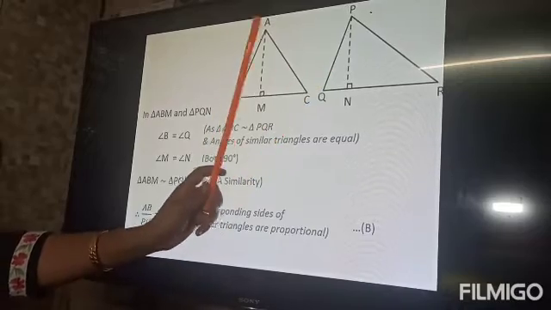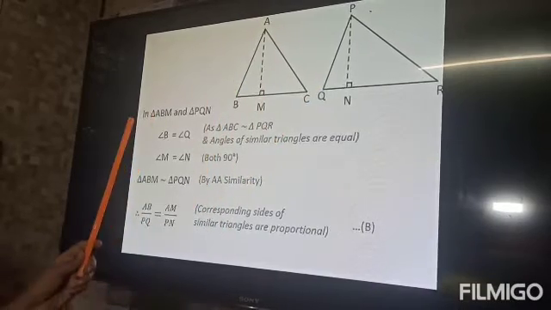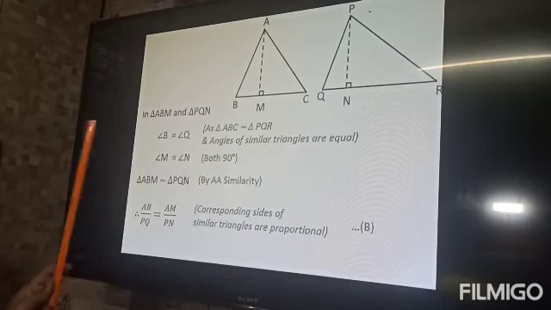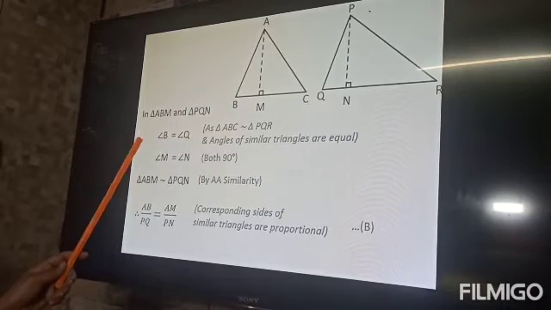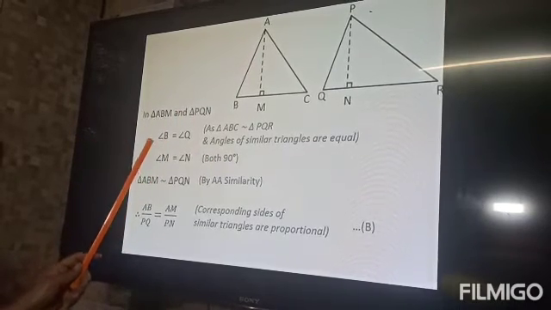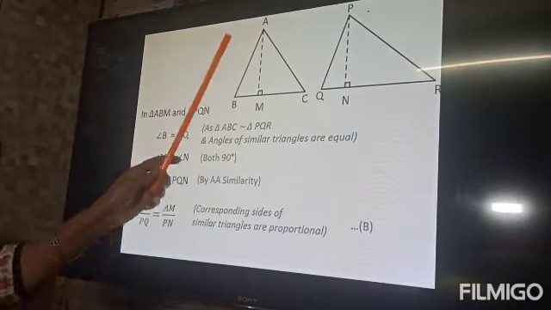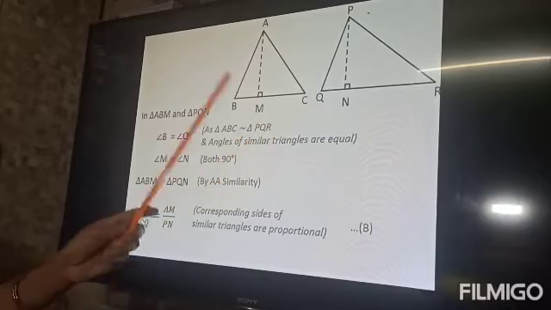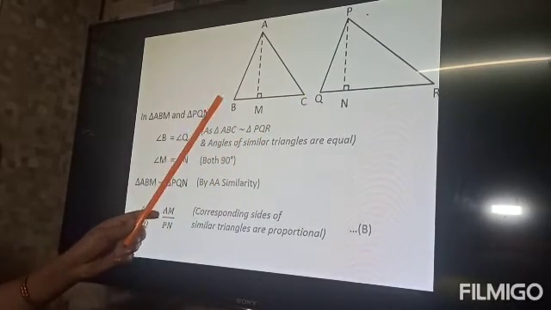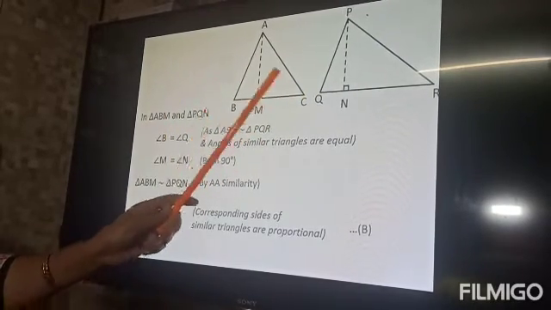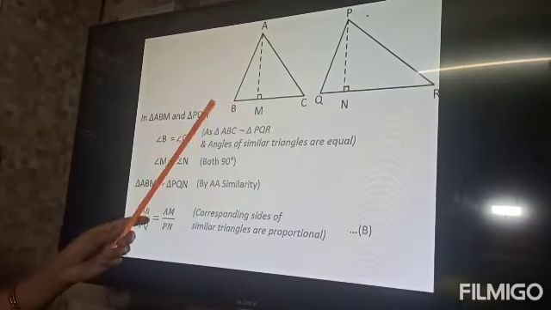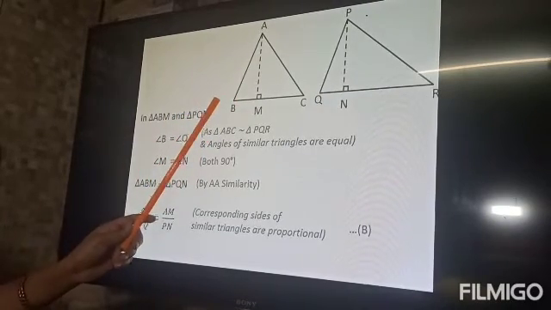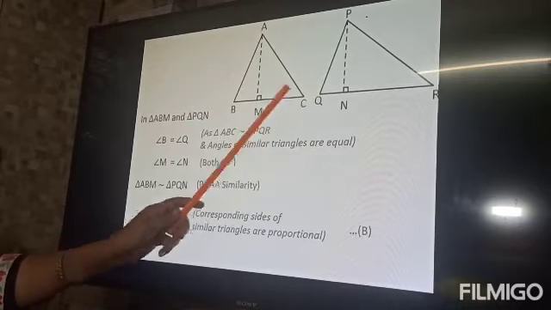Both the half triangles we have to take, and those two are similar. See, in these two triangles, angle B is equal to angle Q. Angle B is equal to angle Q. That is given. These two are similar triangles, meaning corresponding angles of those two triangles are equal. That we took in the data only. Angle B is equal to angle Q.